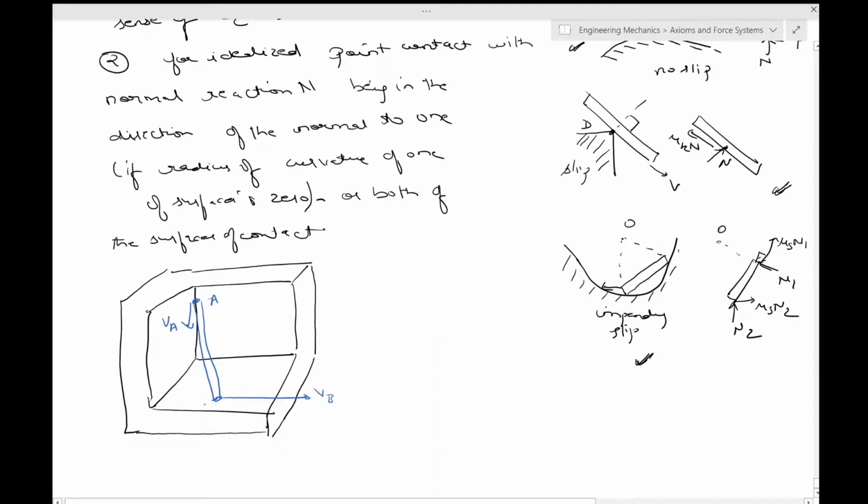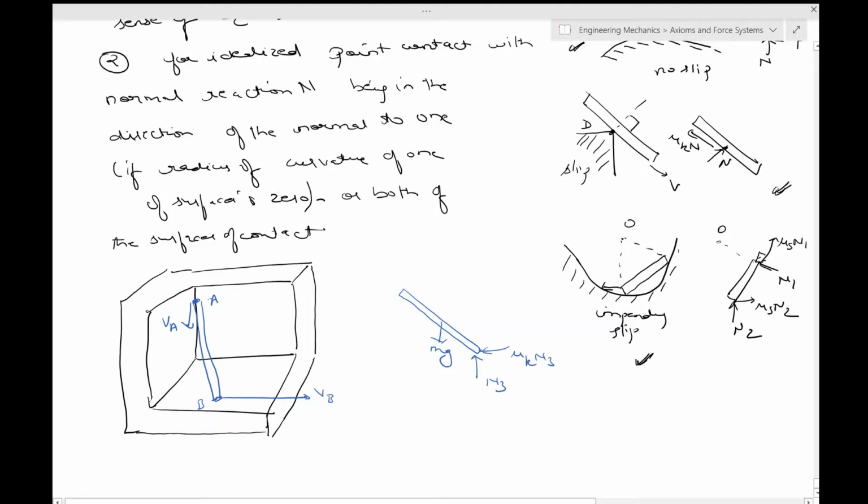Okay, so this is point P, this is A of this edge. Now if you draw this separately, you have to draw the MG, and let's take the B one, which is easy. Let's draw the normal force, let's draw the frictional force, mu K N3.